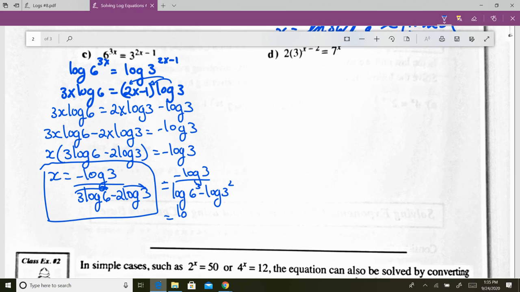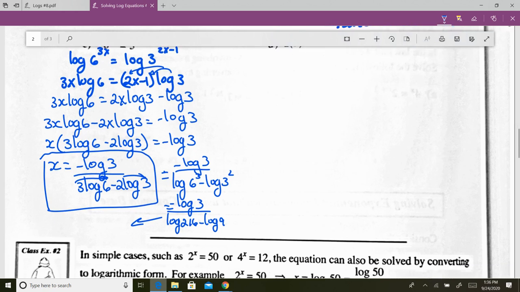So I'm going to get negative log 3 over log 216 minus log 9. And then because those are being subtracted, you can divide them.